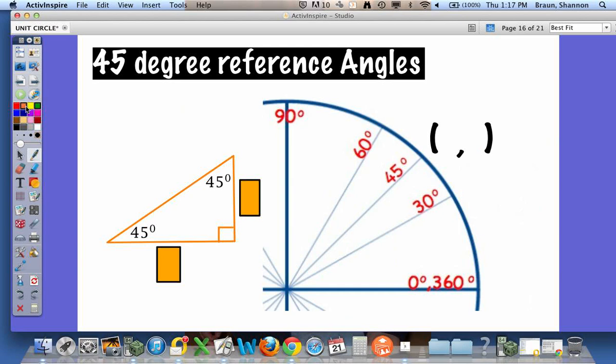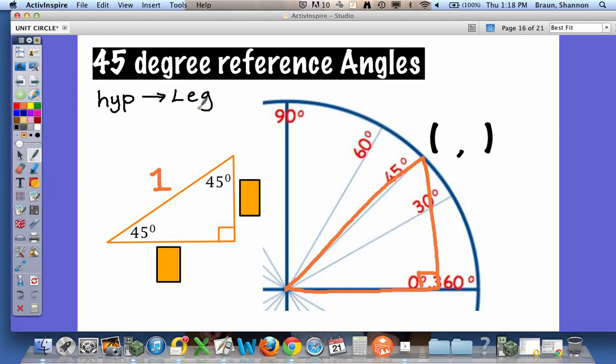And so that's this triangle right here. We're going to find the x and y coordinates for 45 degree reference angles. So my hypotenuse right here still represents the radius, and the radius is 1. How do I go from the hypotenuse to a leg in a 45, 45, 90?